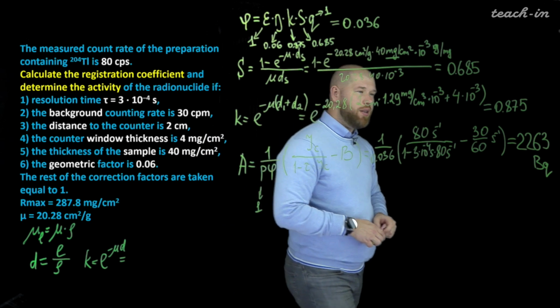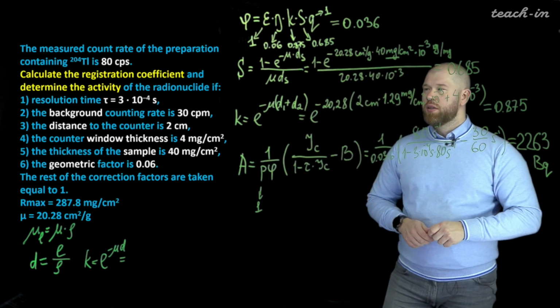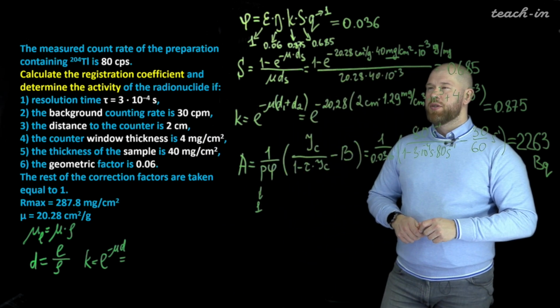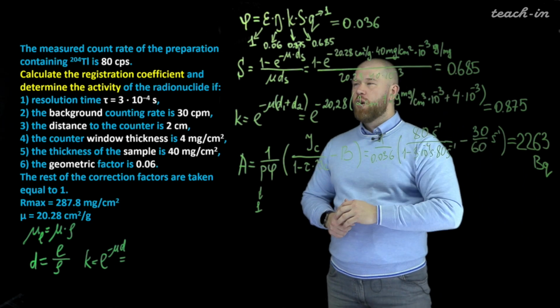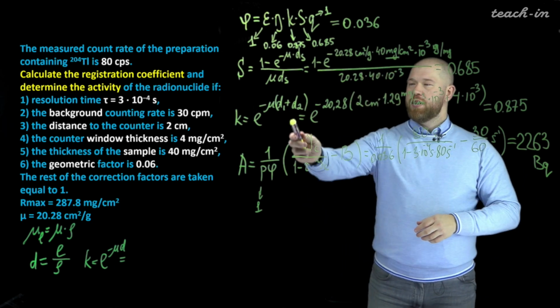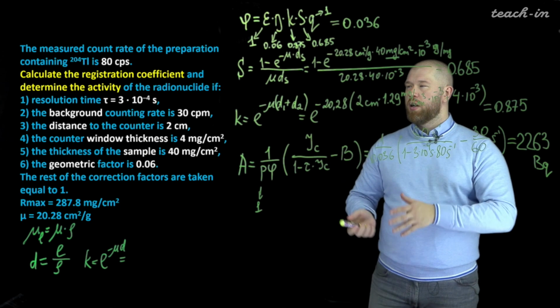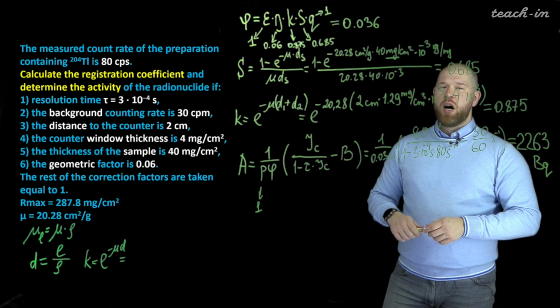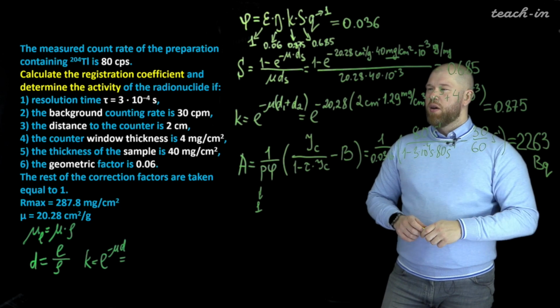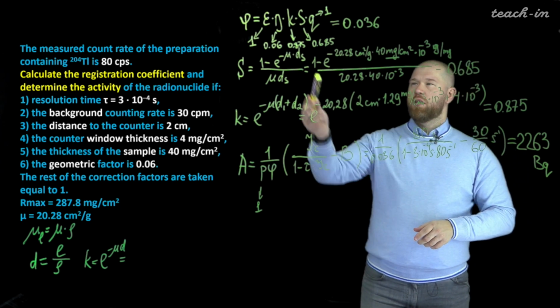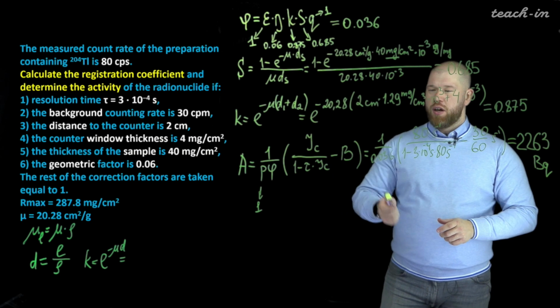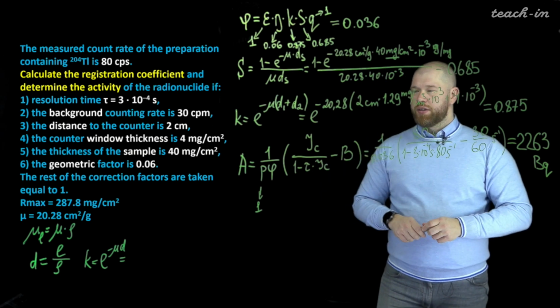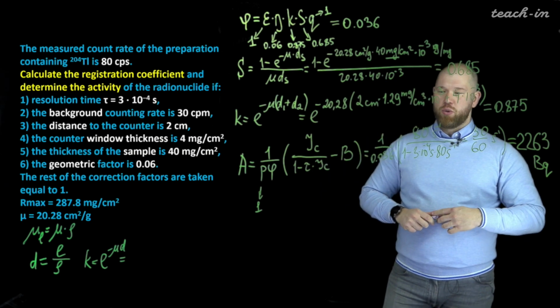So you can easily see how different parameters, for example, the thickness of the sample, the distance between the counter and the sample, the thickness of the window of the detector, affect the final registration coefficient and the activity that we calculated.